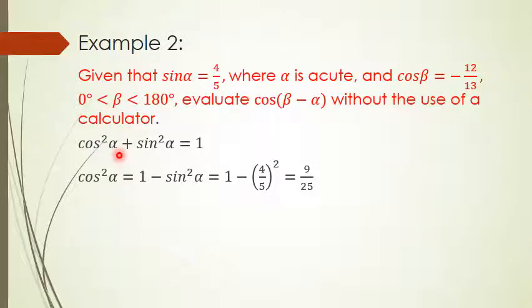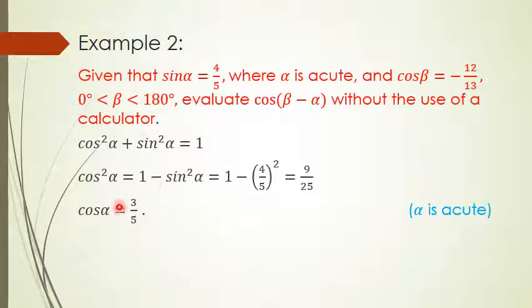Then making cos squared alpha the subject, we have cos squared alpha equals 1 minus sine squared alpha, and making the substitution, we have 1 minus (4 over 5) all squared. Simplifying, if you square this, it gives you 16 over 25, and writing 1 as 25 over 25 so that you have a common denominator, then you have 25 minus 16 giving you 9 over 25.